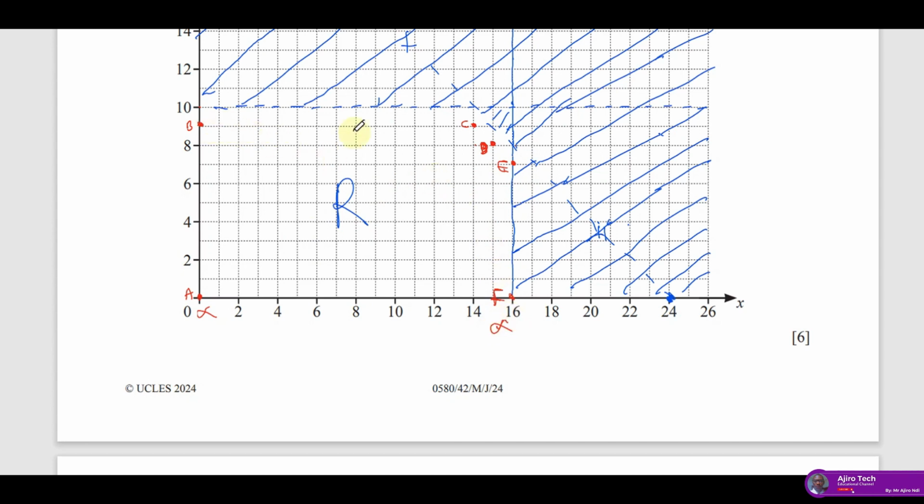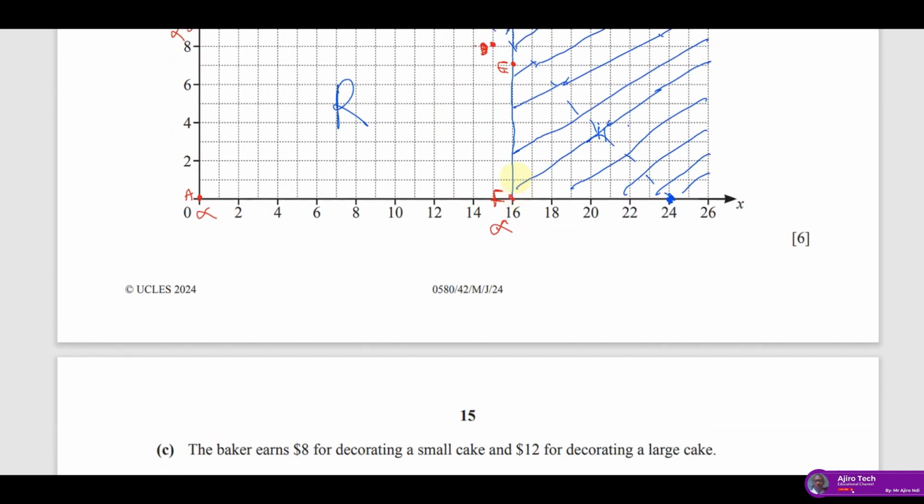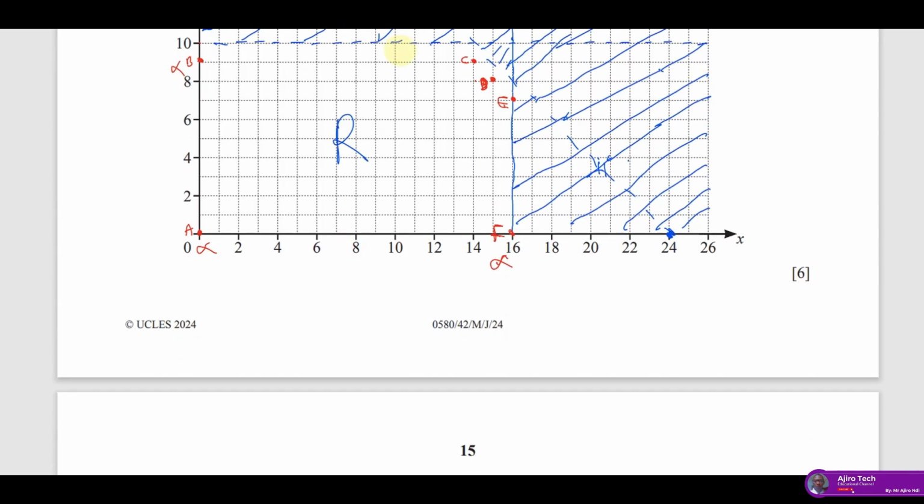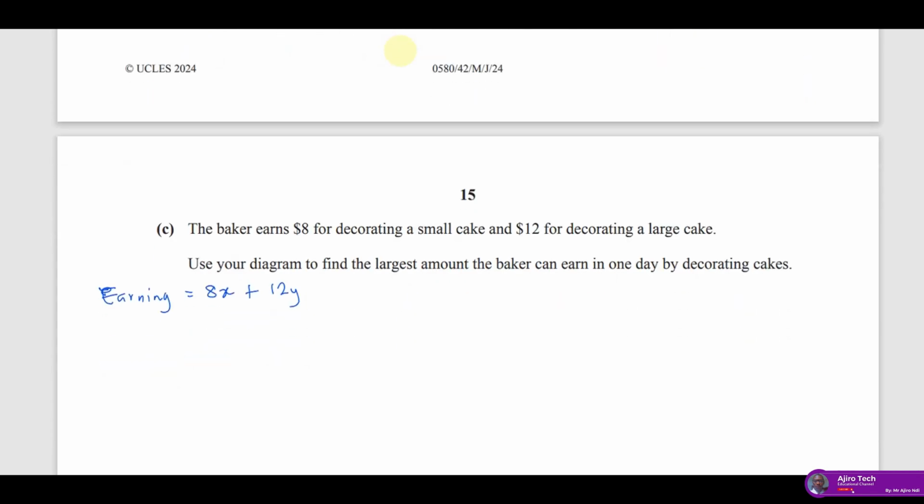Only left with B, C, D, E. Now, along this line, C is more than B on the straight line, so B can be eliminated. We are left with C, D, E. So point C is 14 by 9. D is 15 by 8.